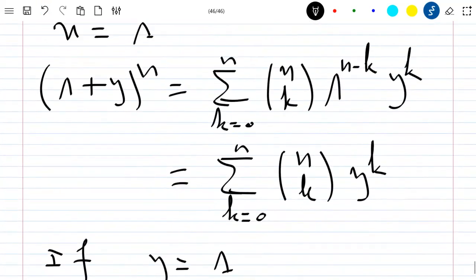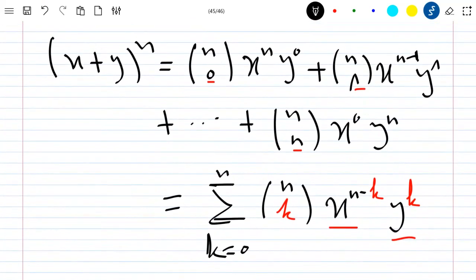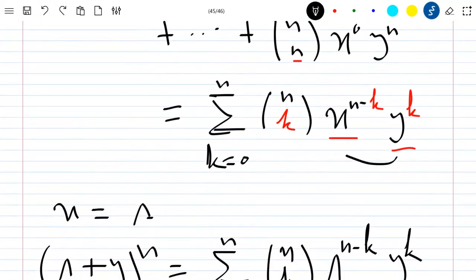Just note here that we can switch this x and y because it's still the same. So we'll have exactly the same result if you switch x and y. That's what we do here.